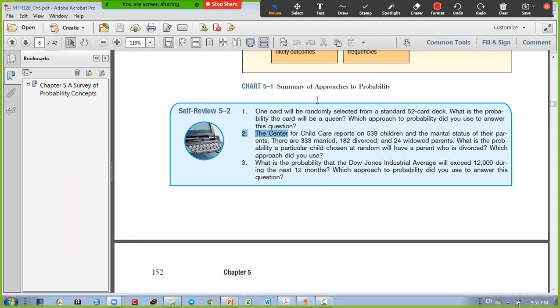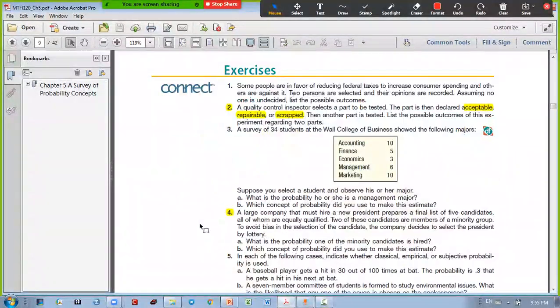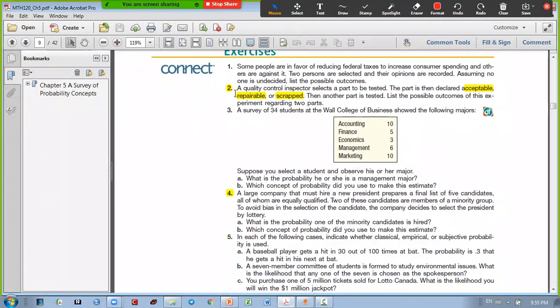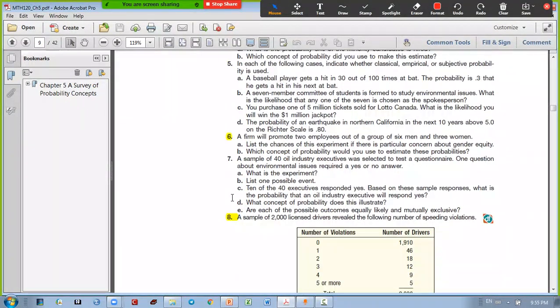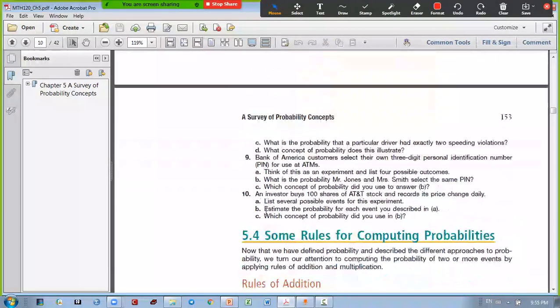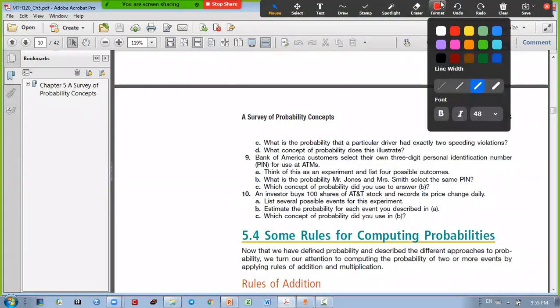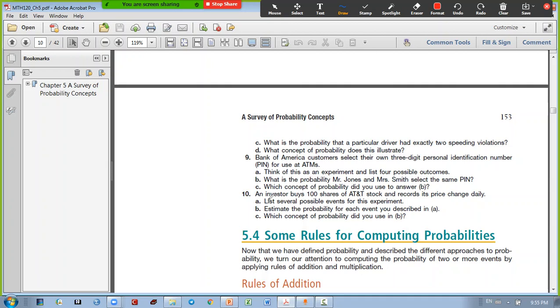And on the next page you can see your homework: number 2, number 4, number 6, number 8, but not number 10. Why not number 10?